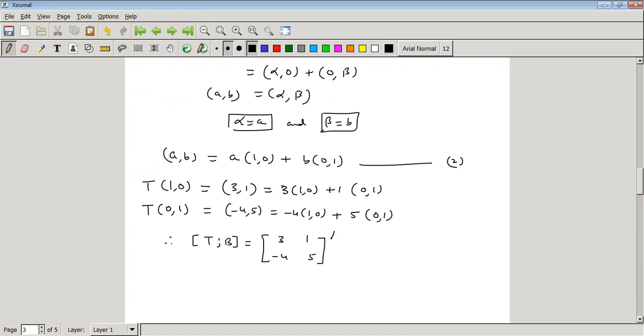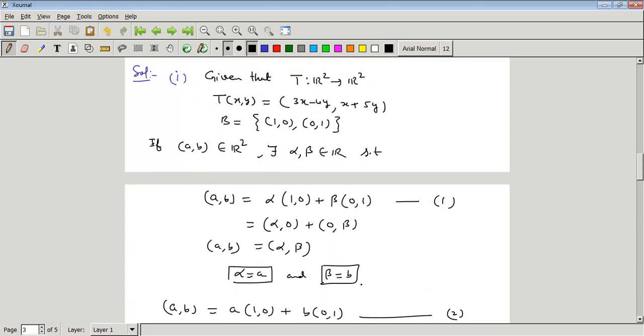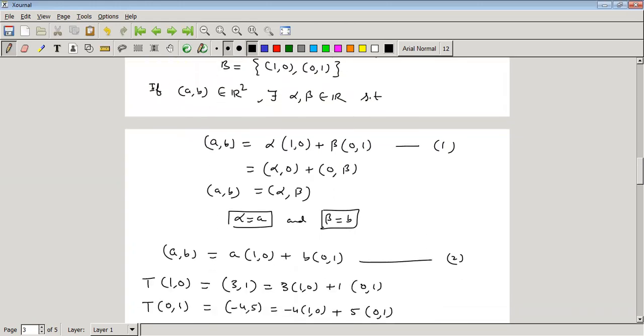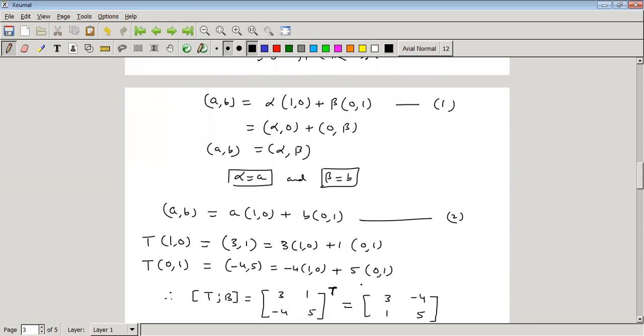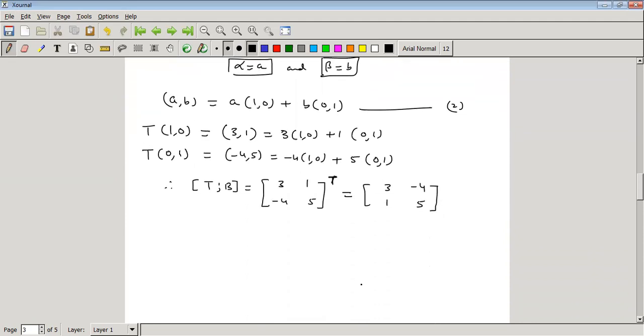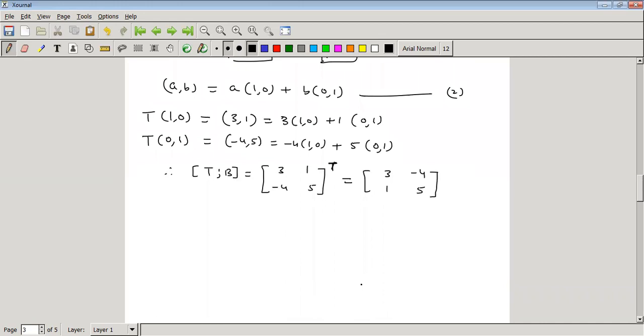So we can write the matrix of T as the transpose, that is [3, minus 4; 1, 5]. So this is the associated matrix with respect to the basis. Go through this example once again, and if you have any doubt, then pause the video, revise it, and then proceed.